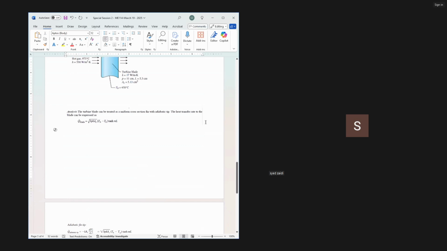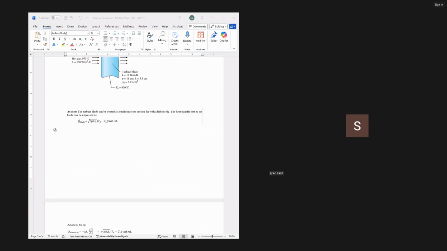So I feel that you should be able to find, first of all, ML, because ML is important, and ML is given by this equation.